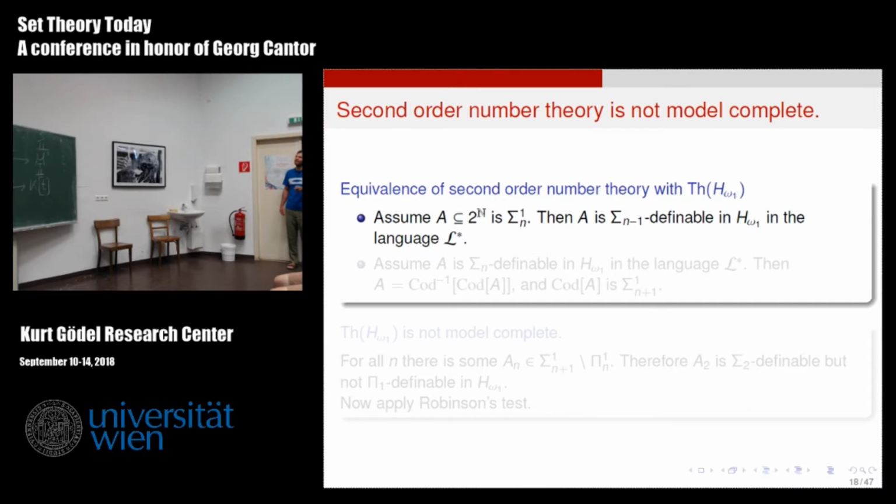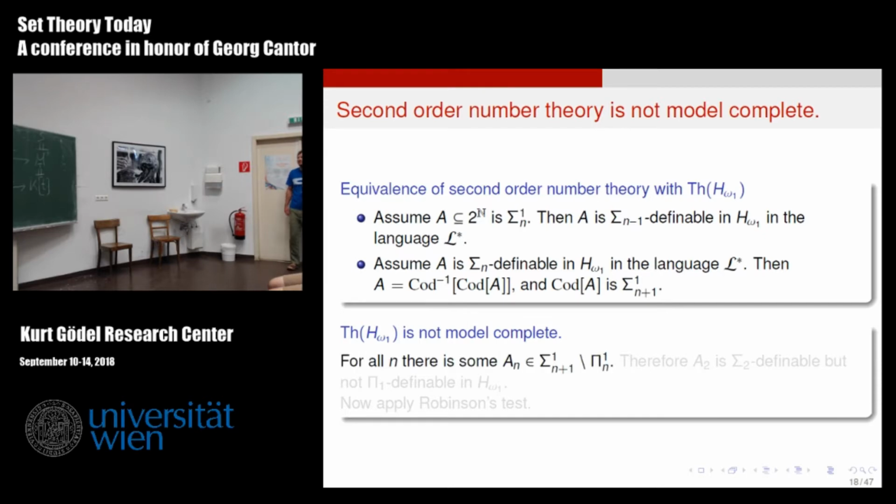Using this map, you take a set which is Sigma 1 n in 2 to the n, and you obtain that it's Sigma n minus 1 definable in H omega 1. And conversely, if you take a Sigma n definable subset of H omega 1 and apply the map, you get that the image of A under the map is Sigma 1 n plus 1. So you have an increase of 1.